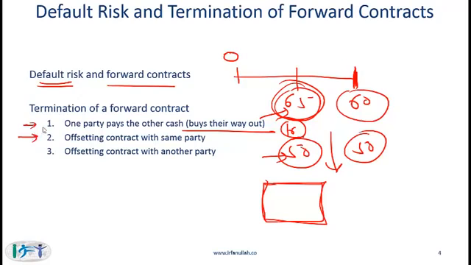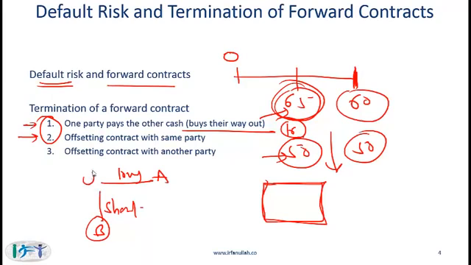Let's say that the counterparty does not want to do either of these. Then what you can do is get into an offsetting contract with another party, which means that with party A, you might have a long position. So you are long, party A is short. And then with party B, you take a short position.